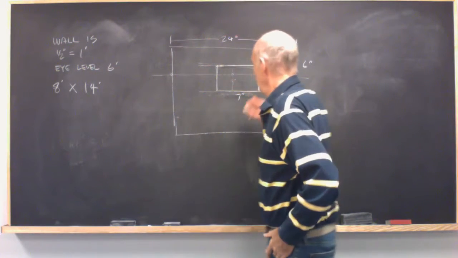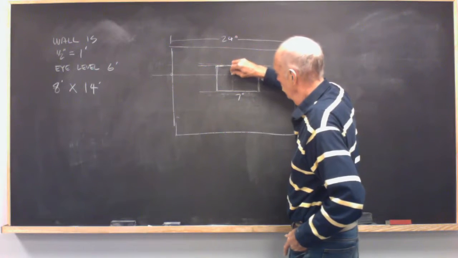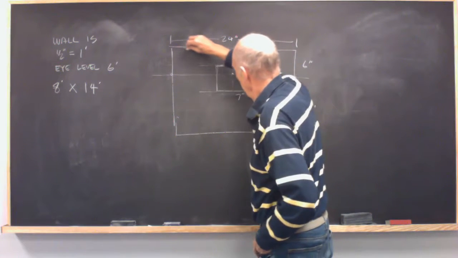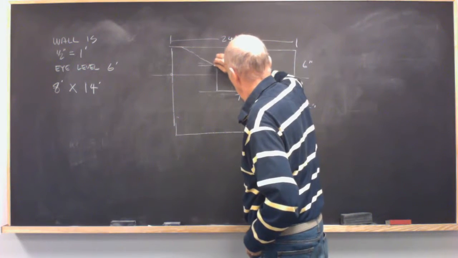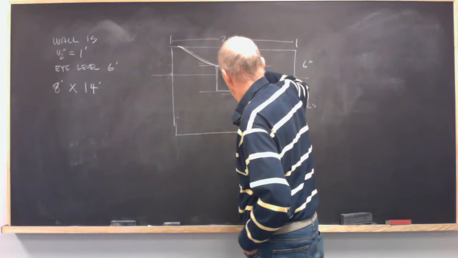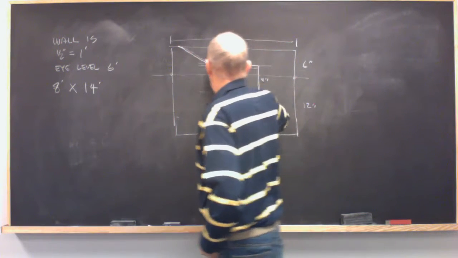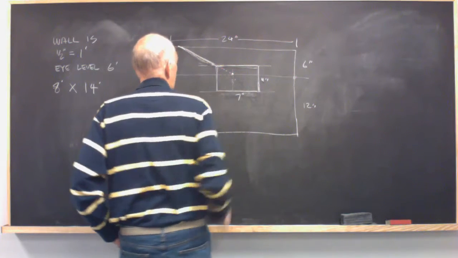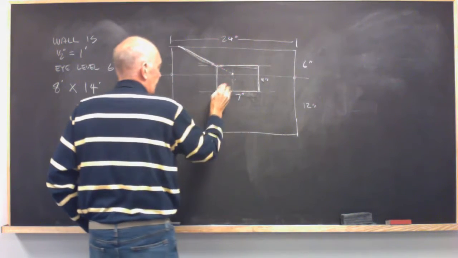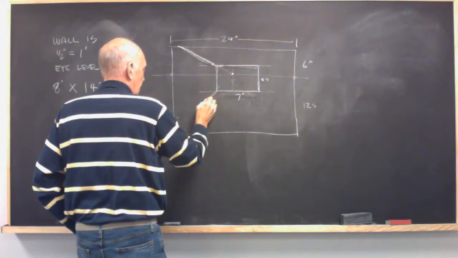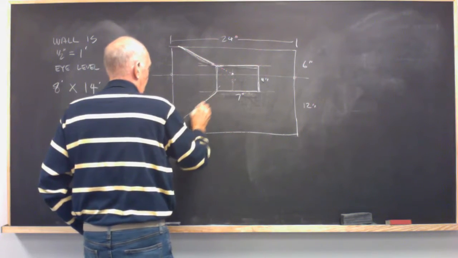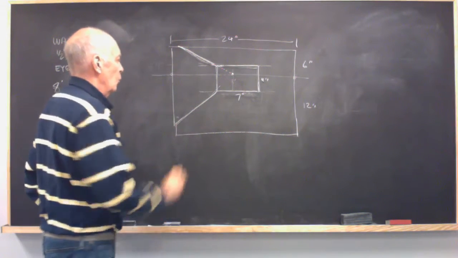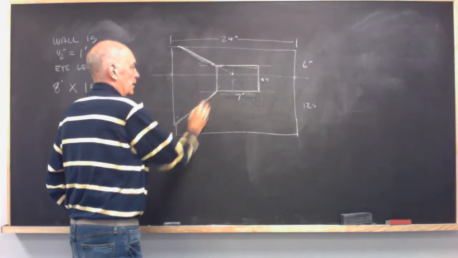So if I draw a line from here to the corner here, and a line from the bottom corner here, I will have drawn the left wall in here.